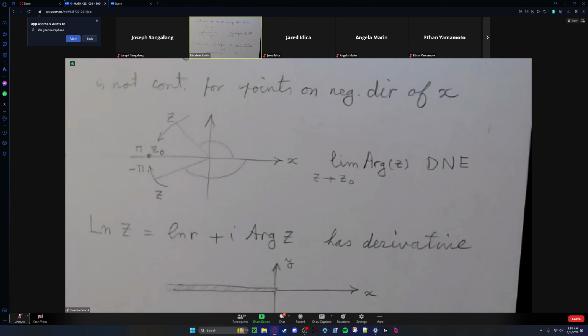Before talking about continuity, remember the definition of logarithm is this. So log of z is log of r, which is the modulus of z, plus i theta.